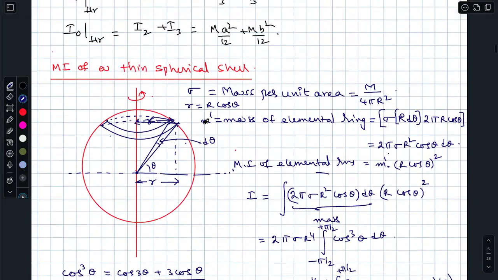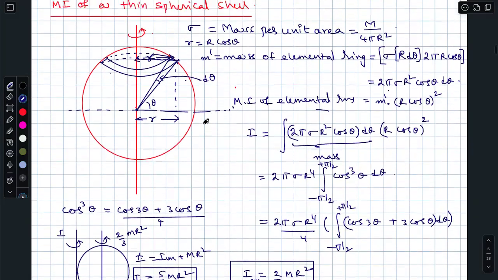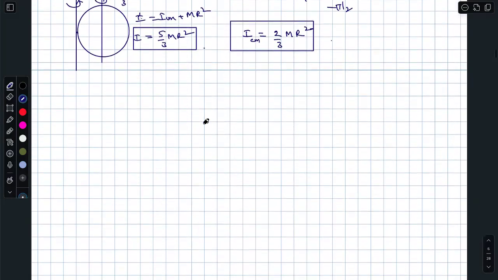Next. Moment of inertia of a thin spherical shell. Solid sphere.